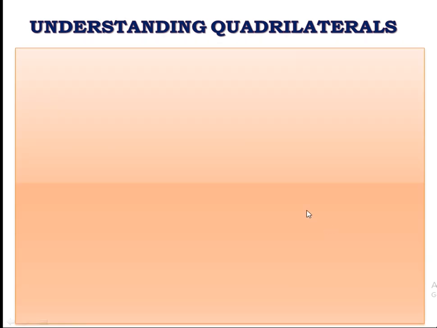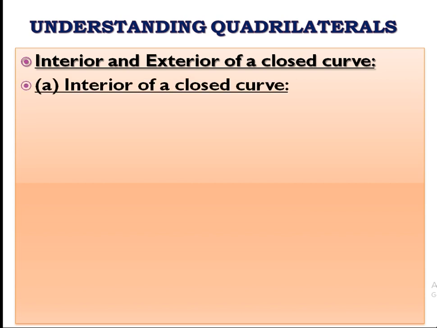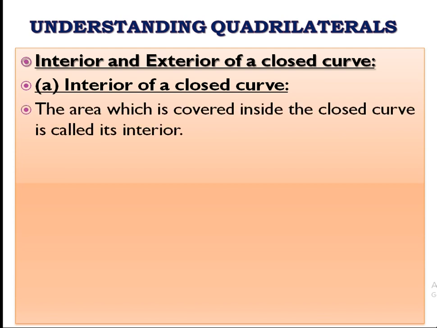Now next, interior and exterior of a closed curve. Interior of a closed curve. What is the interior of a closed curve? Here it is. The area which is covered inside the closed curve is called its interior.